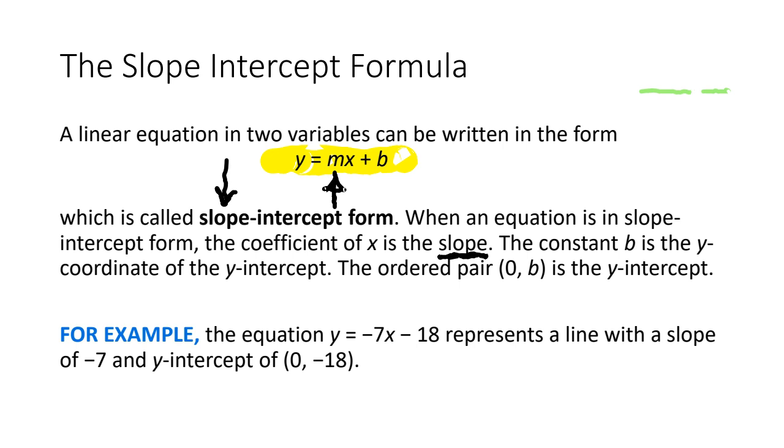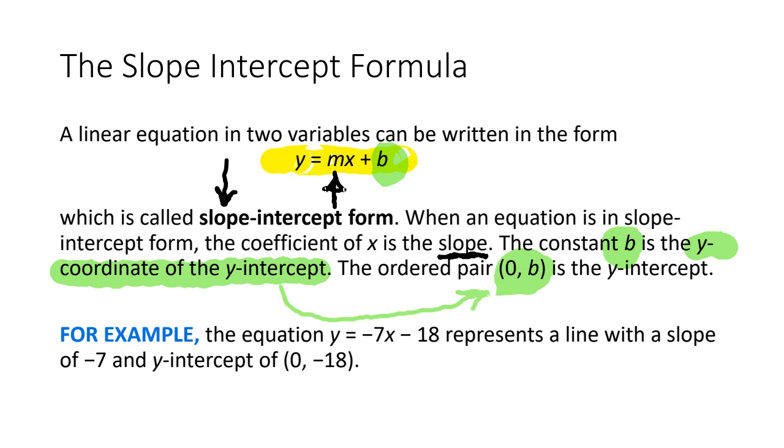Okay, this b term, which is this term right here, is another way of talking about the y-intercept. Notice right here, the ordered pair 0, b is going to be known as your y-intercept.